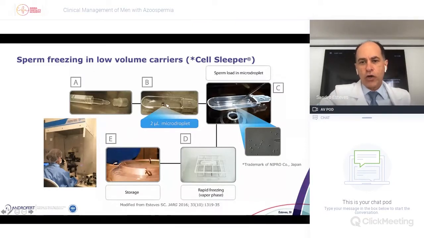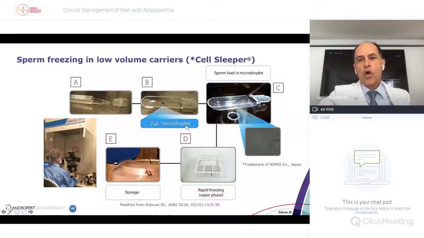So what we do, we make a small micro droplet of culture media, like 2 microliter culture media and freezing media, and then we load sperm with the ICSI injection needle into this micro droplet, and then we freeze first in the vapor, and then we plunge in the liquid nitrogen.